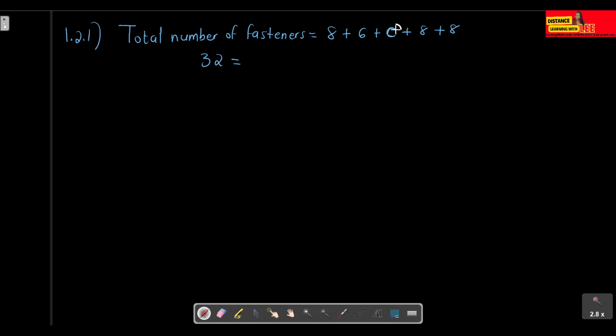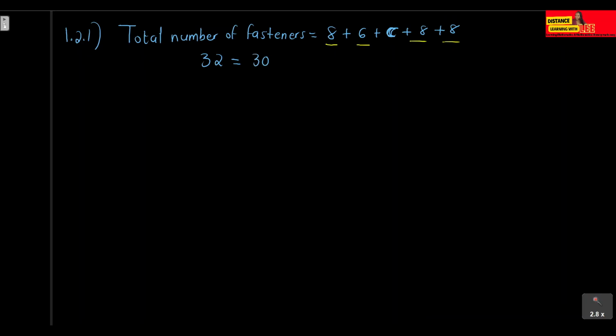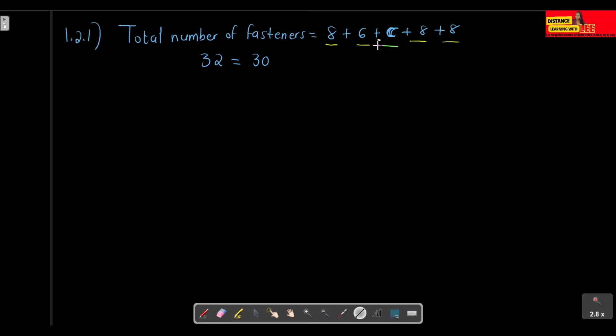Now we add our like terms: 8 plus 6 plus 8 plus 8 gives you 30, plus the C that we are still left with.